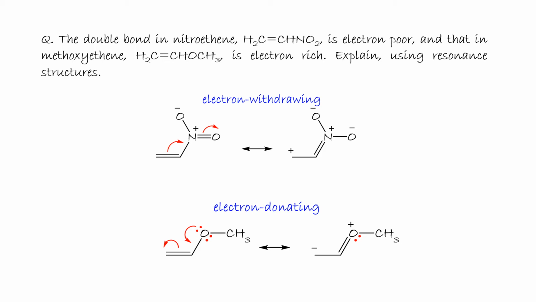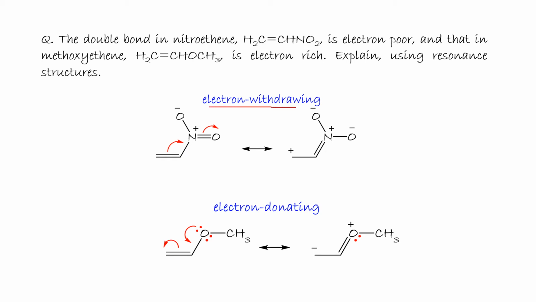The double bond in nitroethene is electron poor, and that in methoxyethene is electron rich. Explain using resonance structures. Of course, nitro is an electron withdrawing group.